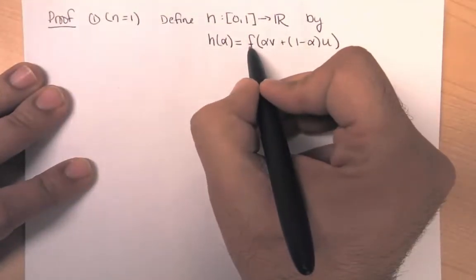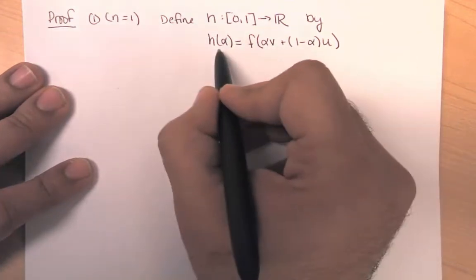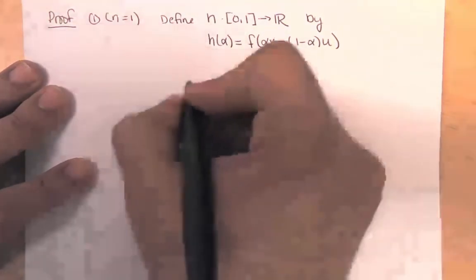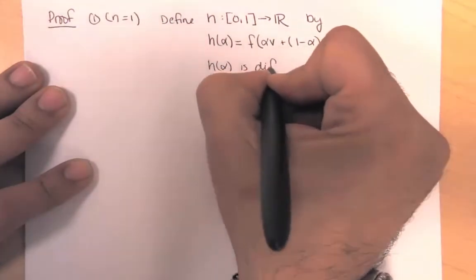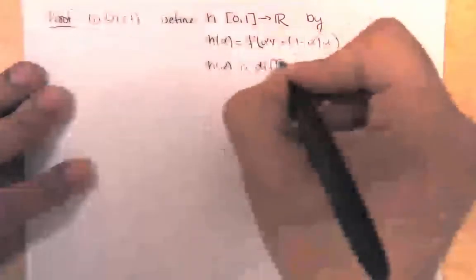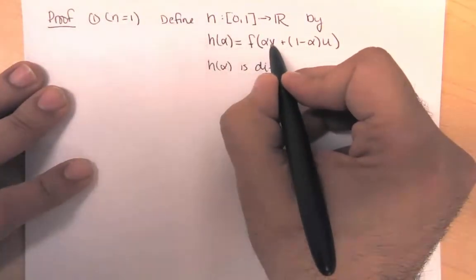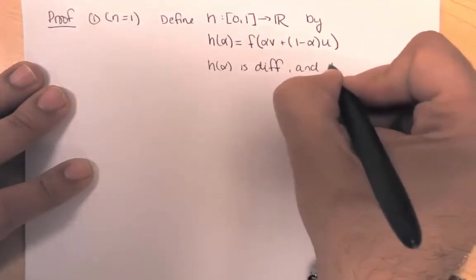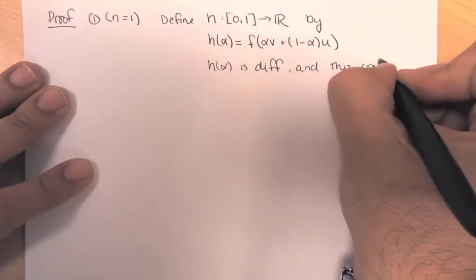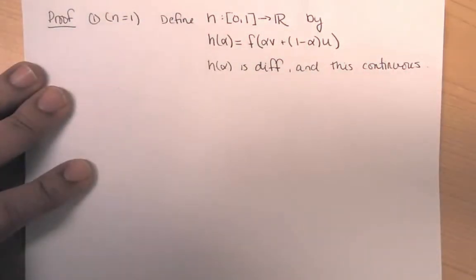Now since f is differentiable, and this convex combination is differentiable, then by chain rule, h is differentiable. Remember that the convex combination from u to v remains in the domain u. That means that h of alpha is also continuous.